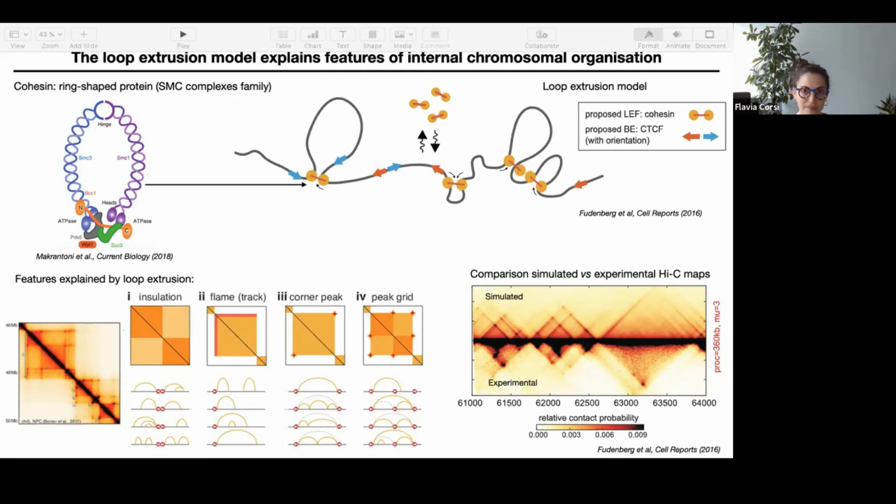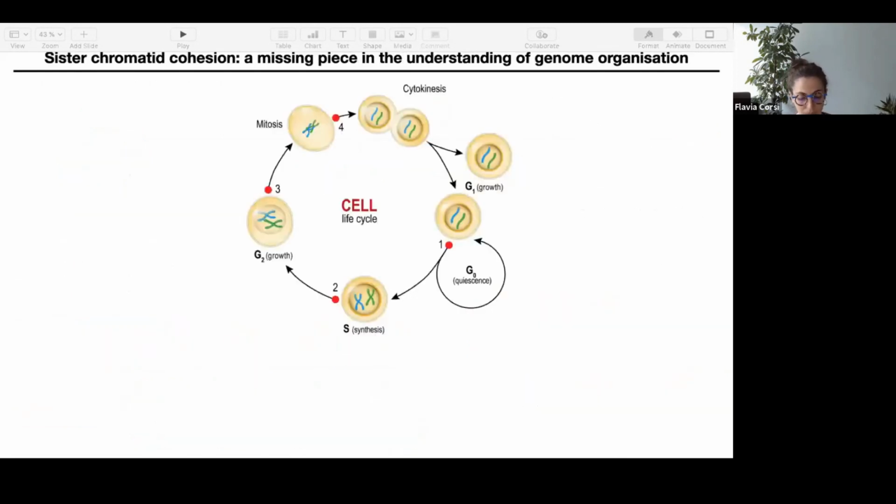I gave an overview of what we know today about chromosome organization in the nucleus. However, a fundamental piece is missing for having a global understanding of chromosome conformation.